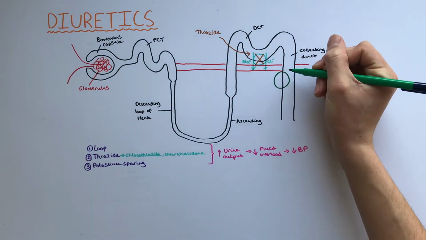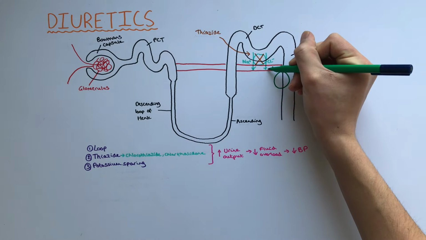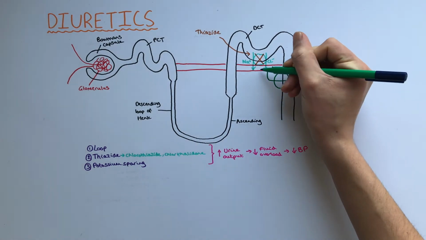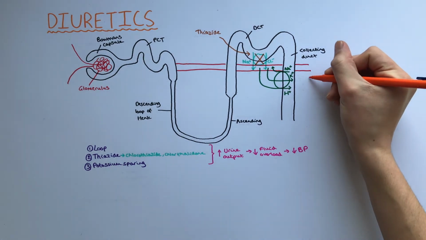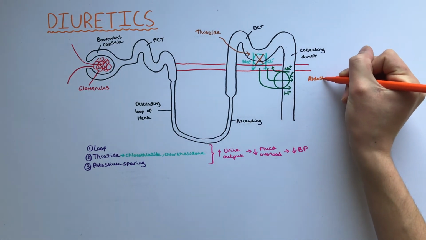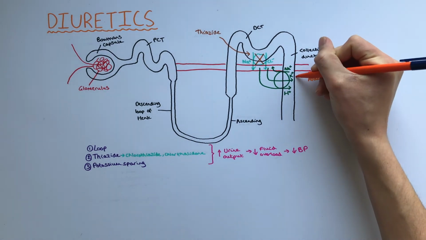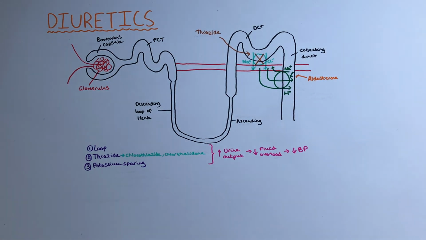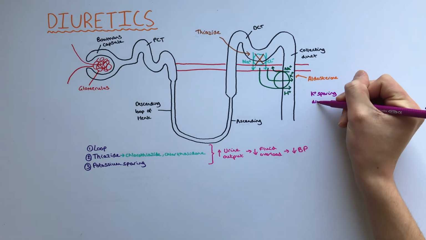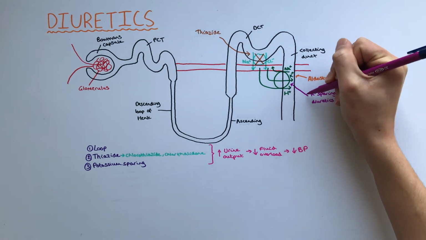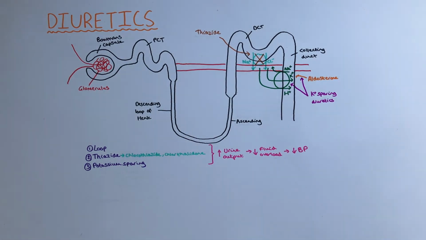There is a transporter in the collecting duct which reabsorbs sodium but secretes potassium and hydrogen ions. Aldosterone binds to its receptor, stimulating the reabsorption of sodium and water and potassium and hydrogen ion excretion via this transporter. Potassium-sparing diuretics inhibit this transporter directly or act as aldosterone receptor antagonists.